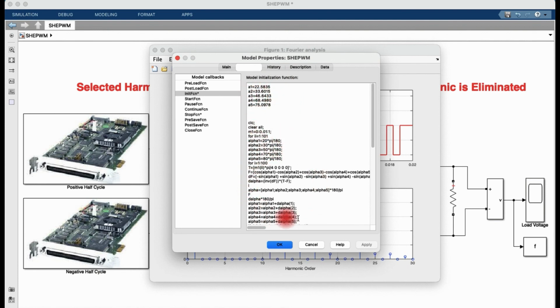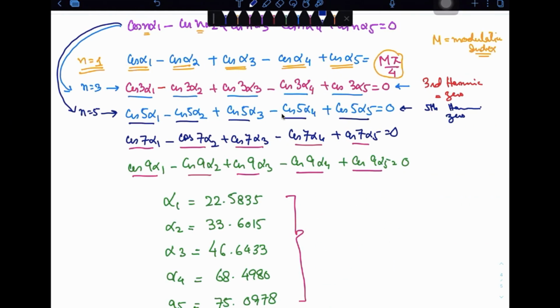This code I will discuss in the upcoming videos, because we can calculate these sets of angles with the help of the Newton Raphson technique or some metaheuristic technique. The equations which we were discussing previously, which are used to find these angles, are transcendental equations, and you will have to use some iterative technique to find alpha 1, alpha 2, alpha 3, alpha 4 and alpha 5.